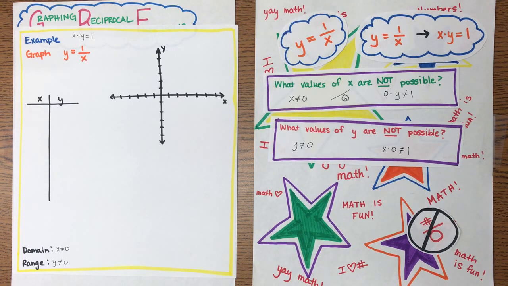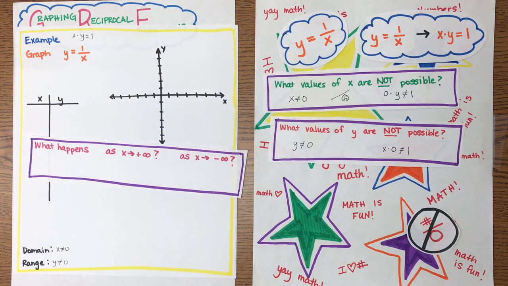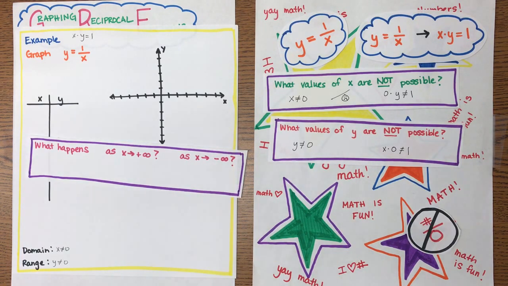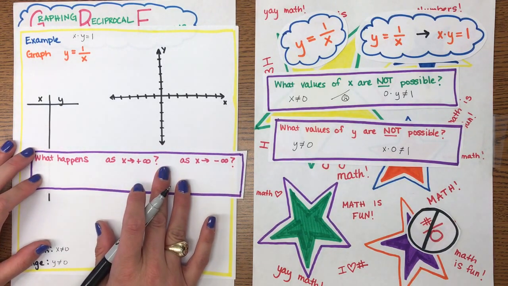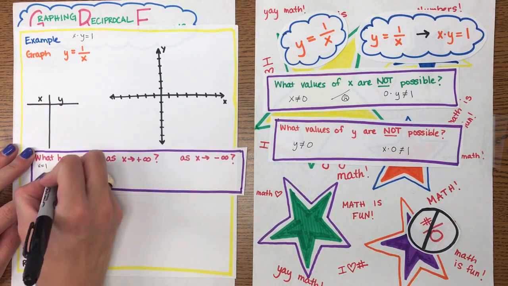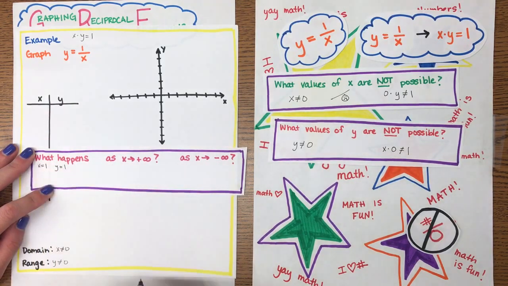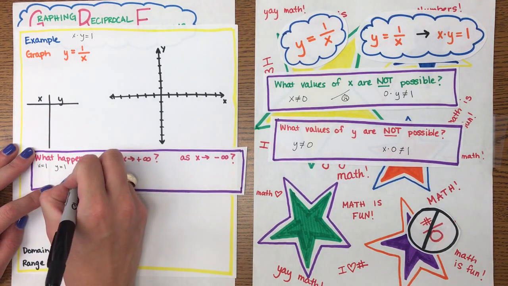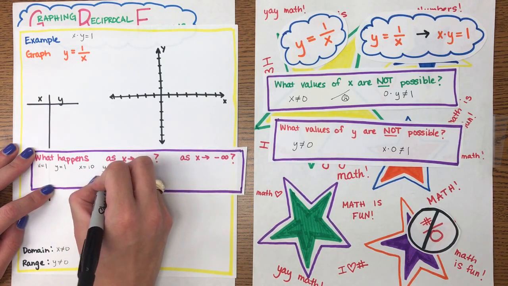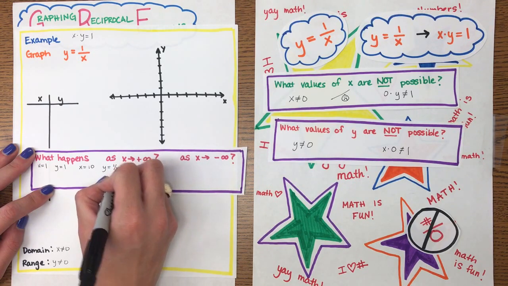So now I want to think about what happens as x gets really big positive and really big negative. If x is equal to 1, y is equal to 1. If x is equal to 10, y is equal to 1/10.